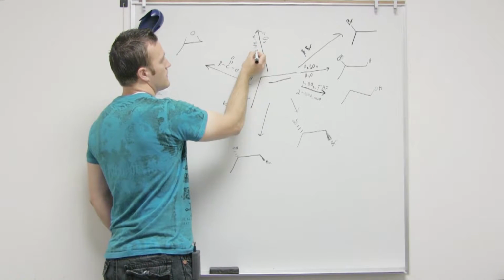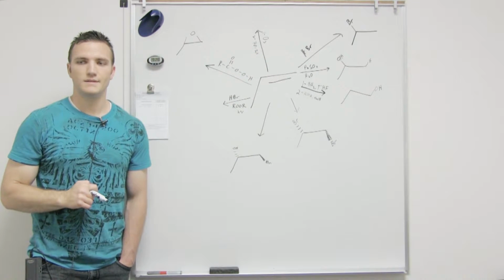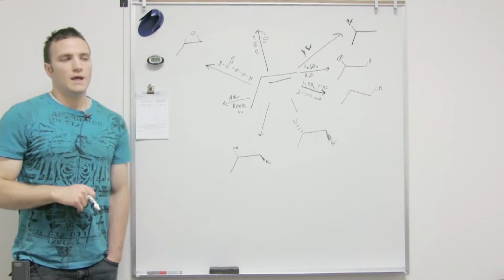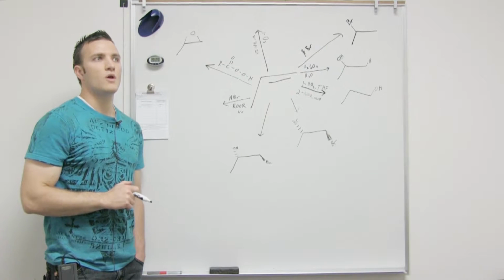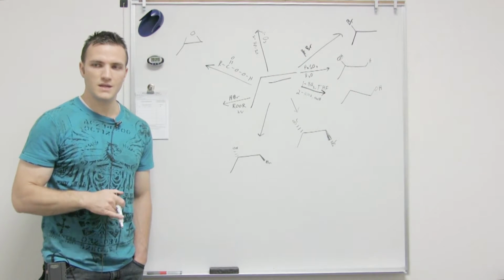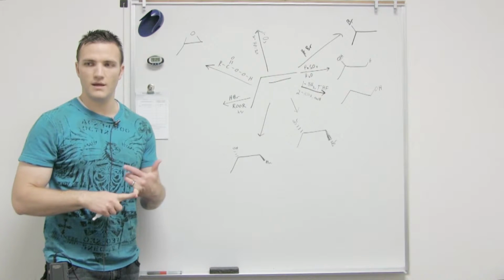So she told us we didn't have to know any of the mechanism for this, but why is the zinc even there? That's a good question. It seems like in 351 you don't deal a whole lot with metals in your reactions, like with hydrogenation. You had a metal catalyst, right?